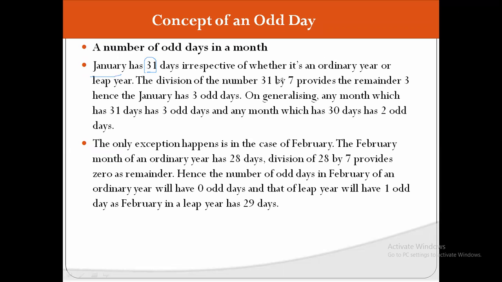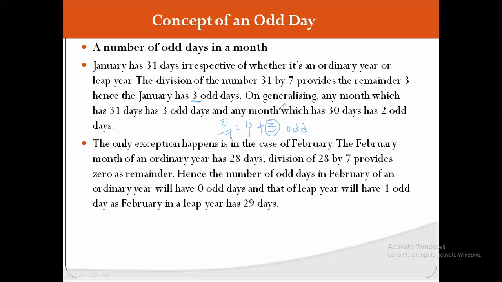So dividing 31 by 7 gives quotient 4 and remainder 3. 4 sevens are 28 and 3 is the remainder. So we can treat these as 3 odd days for the January month.